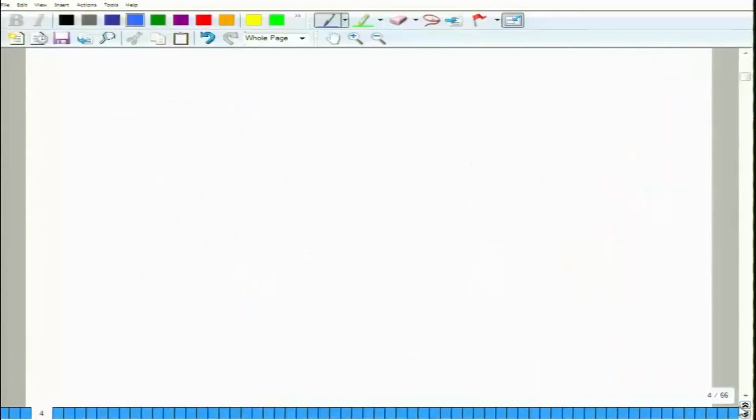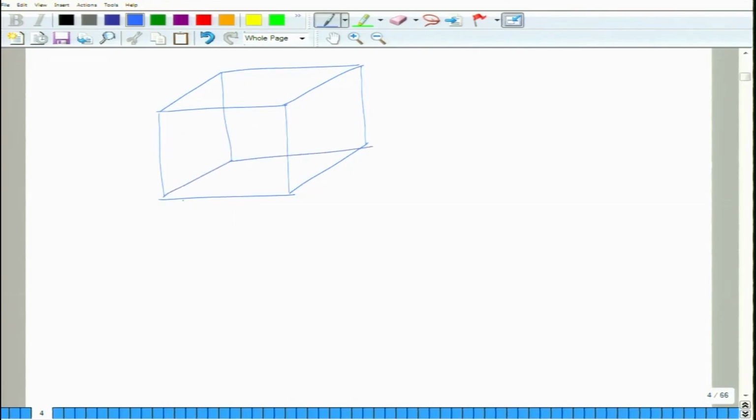And tetrahedral void on the other hand in FCC structure lies at, okay. Tetrahedral void lies at the position which I am going to show you now.